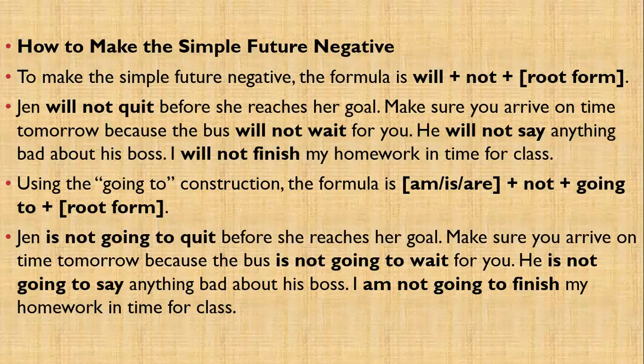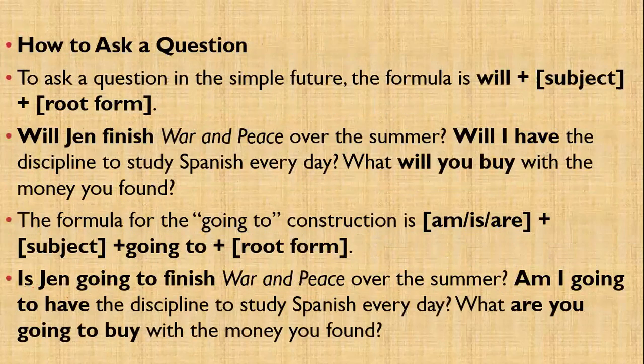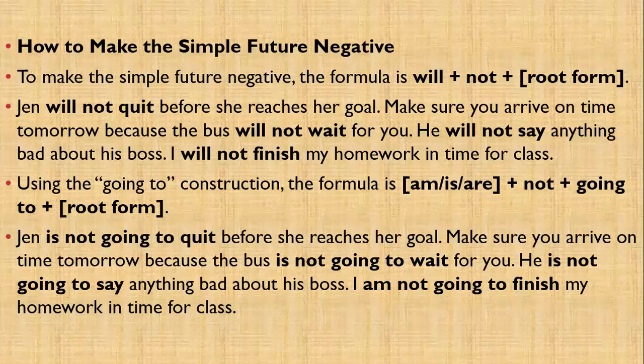For example, Jen is not going to quit before she reaches her goal. Make sure you arrive on time tomorrow because the bus is not going to wait for you. He is not going to say anything bad about his boss. I am not going to finish my homework in time for class.